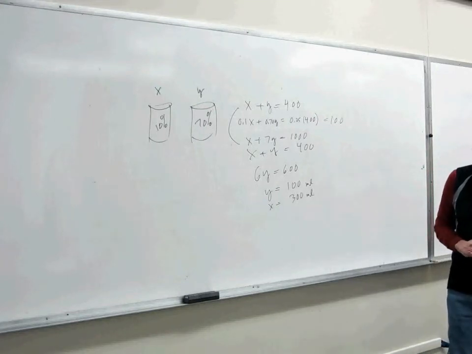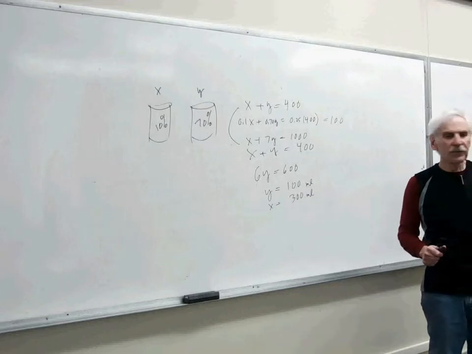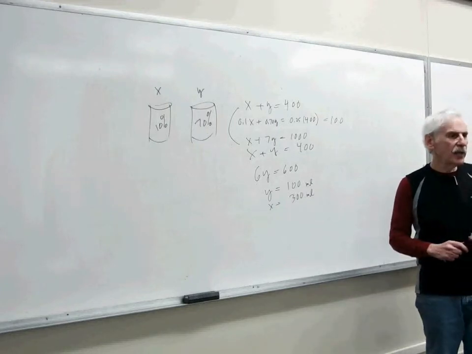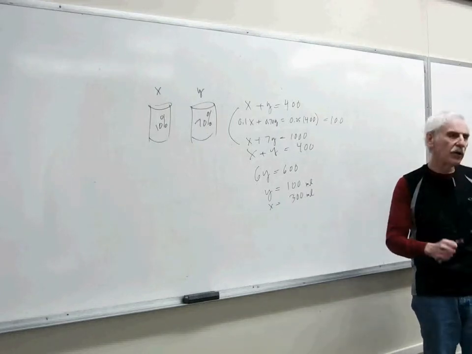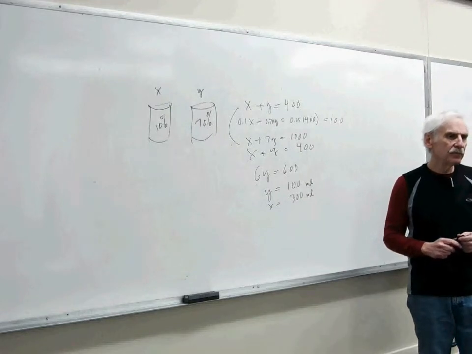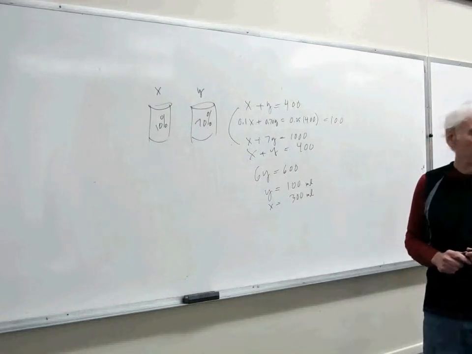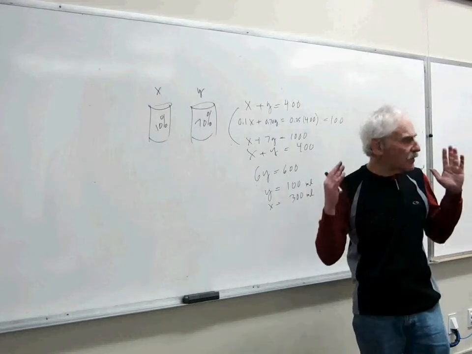I use the chart method that the last teacher taught me, and it works every time. If you like that table stuff, go for it. It just makes sense to me. It's in the book, and you can use that method, and I'm all for it.